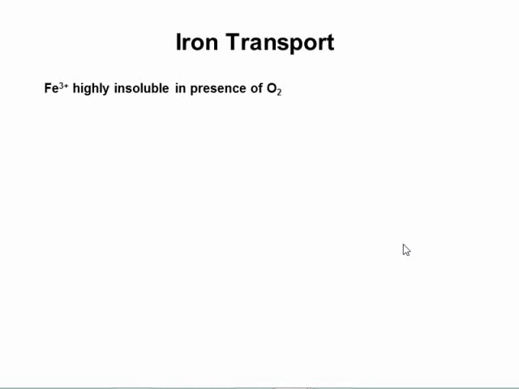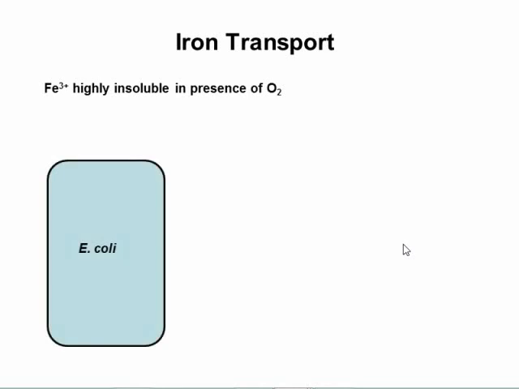So the concentrations of free iron that exist out in the ocean, for example, are going to be very, very low. So all bacteria need to have a specific transport system for iron. And this is also true for other metal ions. So for magnesium, this kind of stuff, you'll have a similar system.